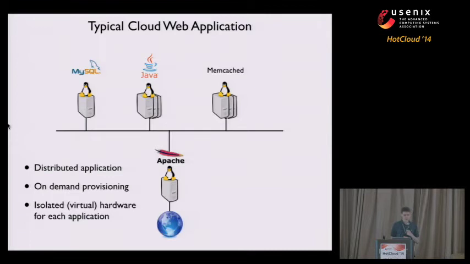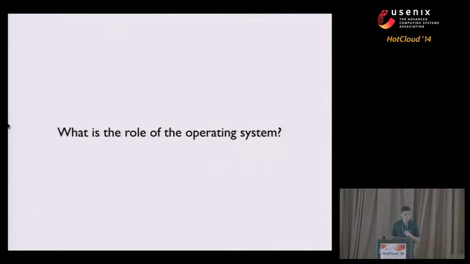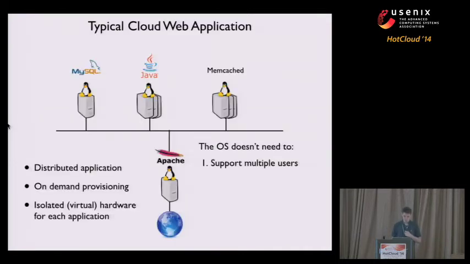And so we look at this. This is a really different environment from where a system like Linux comes out of. And we ask, well, what's the role of the operating system here? What is it actually serving? And for one, our operating system doesn't need to support multiple users.